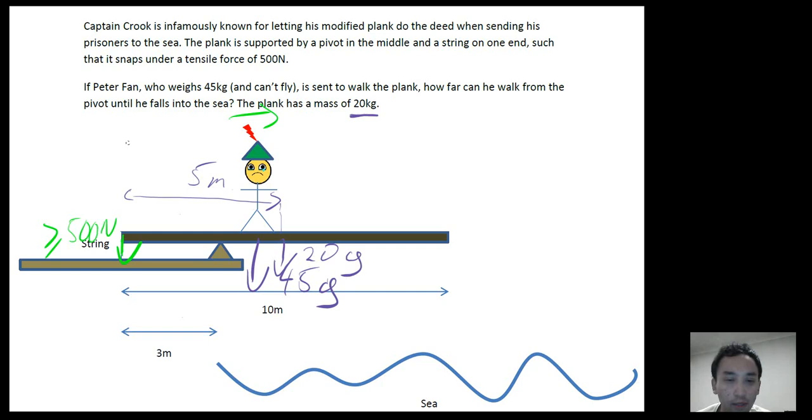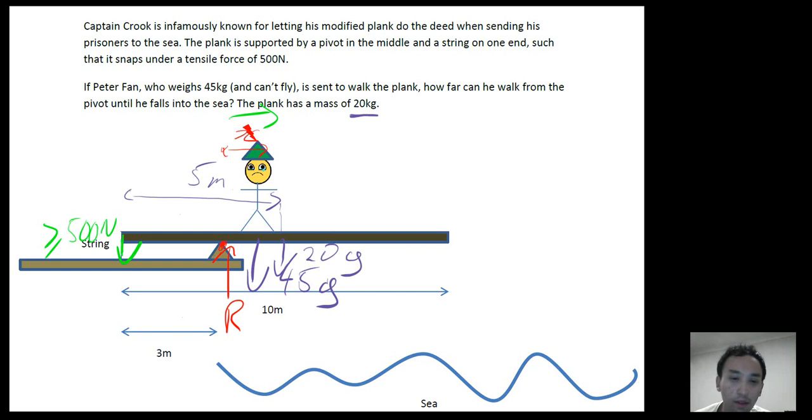So how about we say that this 45g has a distance of x. We don't know this distance x. I'll measure it from this little pivot point here because we're going to use that later on. It's a lot easier to work with because there is a reaction force here that we don't know about.